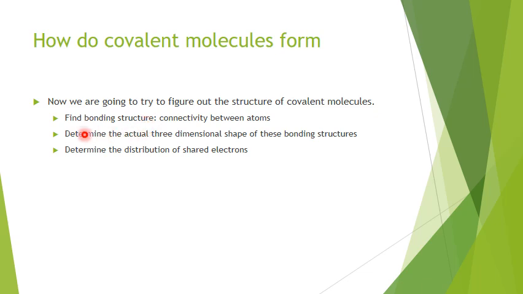And then in the next PowerPoint, we'll talk about the three-dimensional aspect of these molecules, because that's really the key. Molecules are three-dimensional, and their three-dimensionality really determines how they function. And also we'll be looking at how they share electrons, or polarity. These last two will be covered in the next PowerPoint that will go out next week.